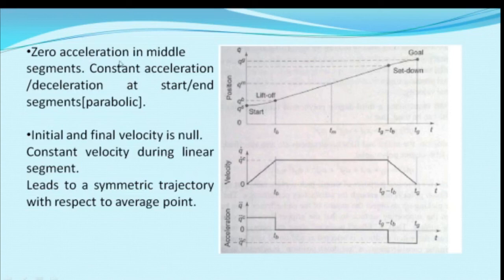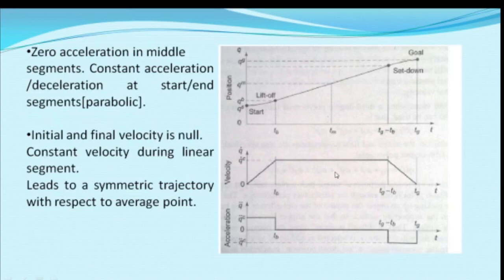So what is special about this strategy? There is zero acceleration in the middle where there is a linear segment, and you have a constant acceleration at the start and deceleration at the end. Okay, so the acceleration problem has been solved.